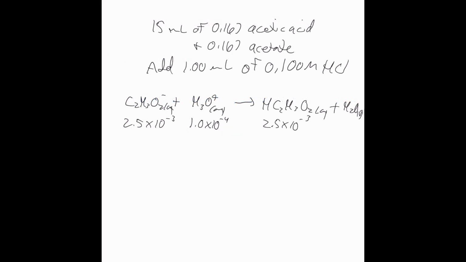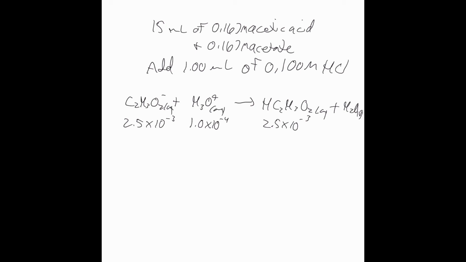All right, so now we have this problem set up. We have 15 milliliters that contains both 0.167 molar acetate and acetic acid, each one of them. And then we are going to add 1 milliliter of 0.1 molar HCl. Now, we have a weak acid, a weak base, and a strong acid.